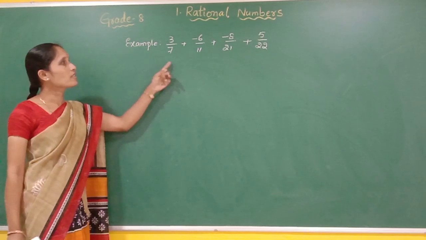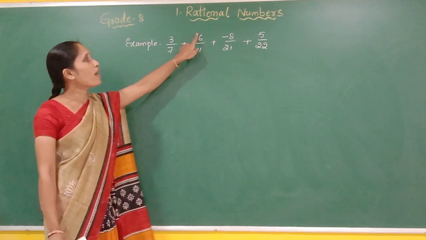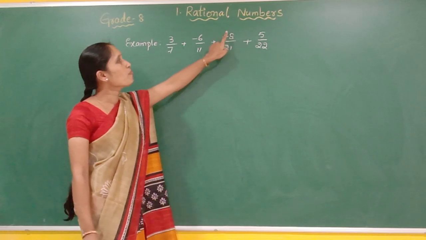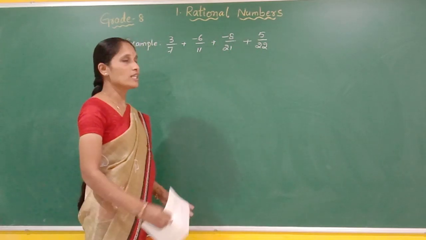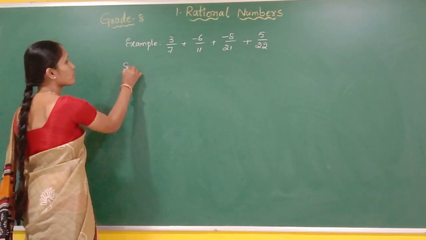Given problem is 3/7 + (-6/11) + (-8/21) + 5/22. Yes, let's begin the solution.